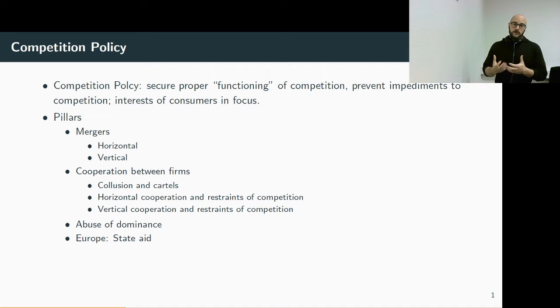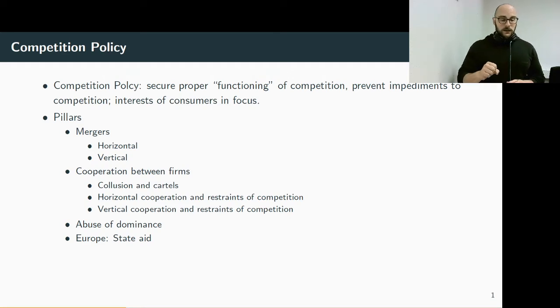When you merge and you are over certain thresholds, you basically go to an authority and say, well, look, we're going to merge, and they are going to either block or allow the merger. Most mergers are actually not blocked, but that's, again, something we're going to learn in more detail.